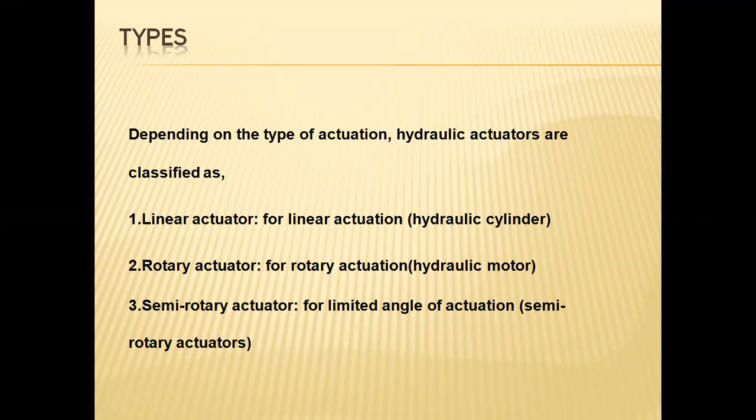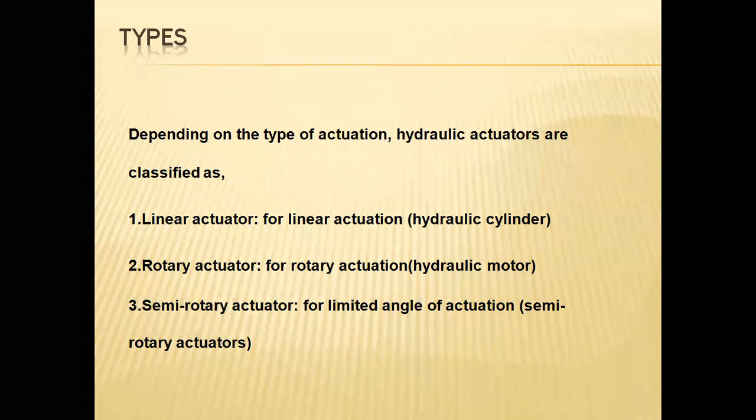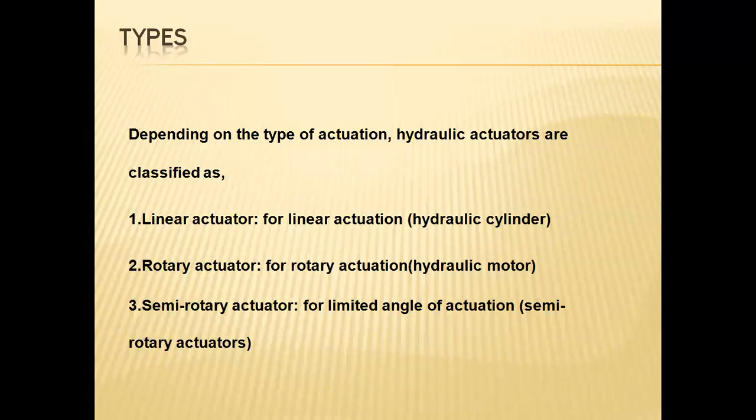So the first one is the linear actuator. It acts in the movement of only one coordinate axis, which has two different signs, that is either positive x or negative x, positive y or negative y, and positive z or negative z.